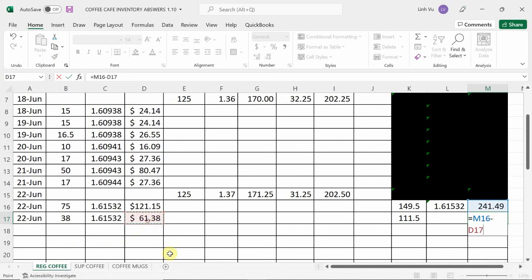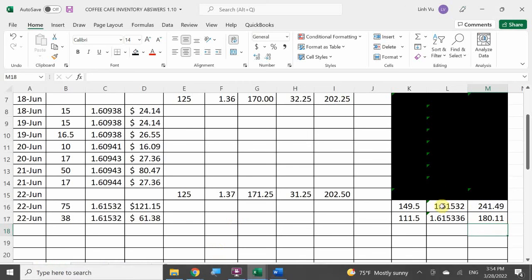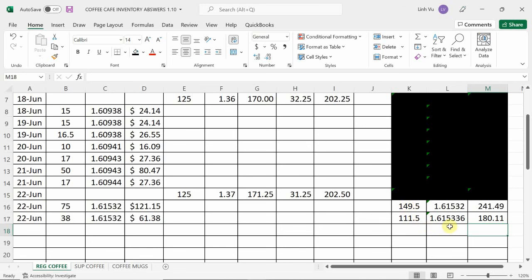What's my new total if I use up $61.38? Yep, 180.11, which Excel has figured out that this is what I'm calculating, so it has increased by a 100,000th of a penny. Okay.